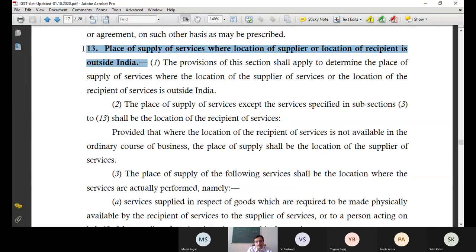Place of supply of services where location of supplier or location of recipient is outside India. The act is using the word or, not and. So both must not be outside India; anyone can be outside India, but anyone has to be outside India.